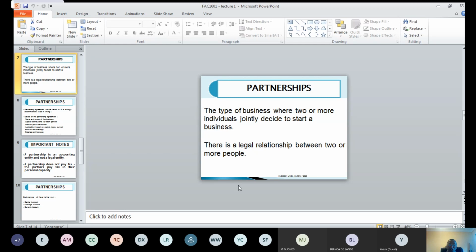One of the big advantages of forming a partnership as opposed to the sole trader is that you will have a bigger capital base, more money, instead of just one owner. Now we will have more people, more money in the business, which will mean that we can negotiate bigger contracts and make more profits, because we've got a bigger amount of capital available.